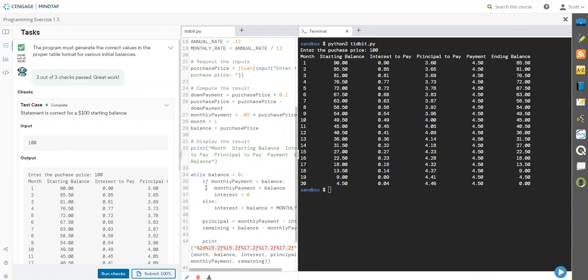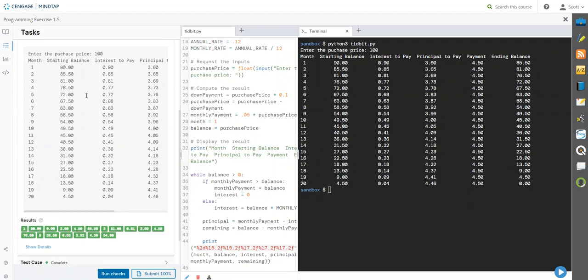There you see it. Ran through the exact same thing. 90 all the way down. The spacing that we had got us where we needed to be, and the number of decimal places, all of it. It all laid out how we wanted it.